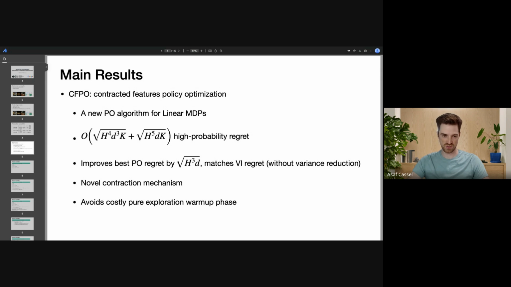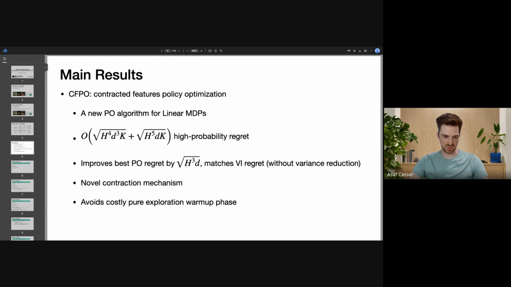And we'll be achieving a regret rate which is virtually equivalent to the case of value iteration like Jin et al. achieved, so square root of h to the fourth d to the third K. There is this additional term which is sort of a mixed term, but I would say that for the most part it would be smaller, or at least equivalent. And as the main thing, it improves the dependence on h and d compared to Sherman et al.'s work. And generally speaking, it would probably be the best rate that we can expect without variance reduction methods.